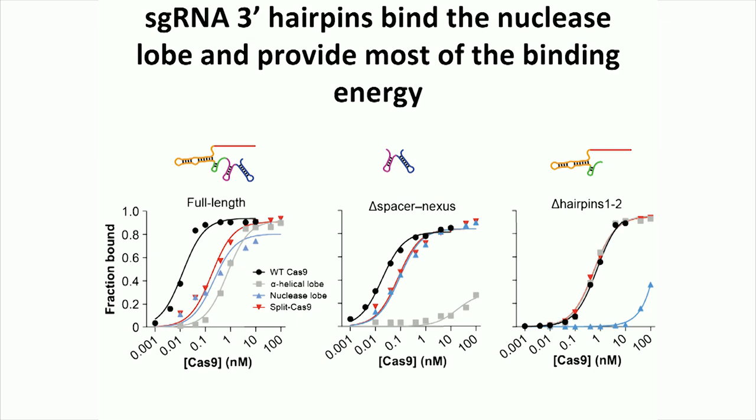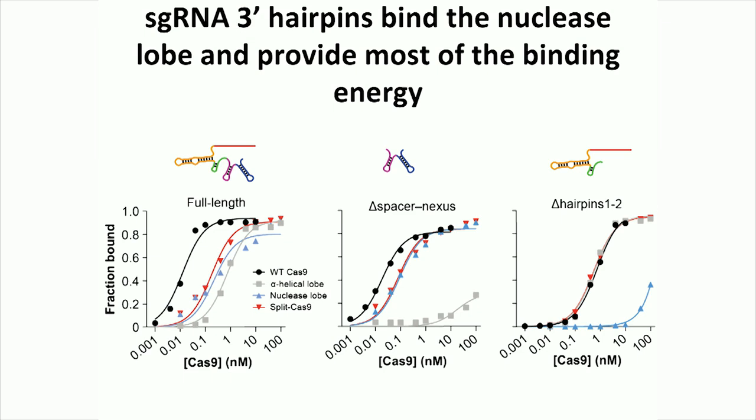And then this was an experiment meant to test what parts of the guide RNA are interacting with the two different lobes of the protein. These are binding curves.